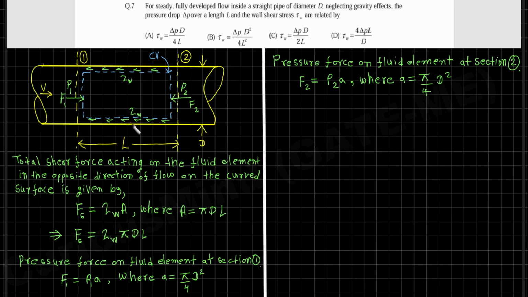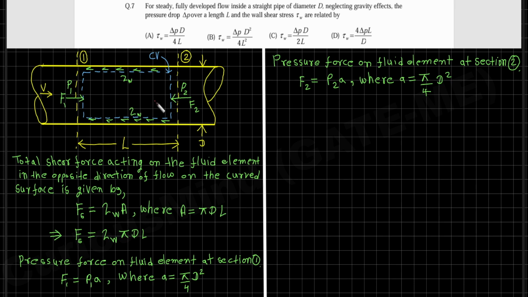So we would balance the leftward forces that act on this fluid element with the corresponding rightward forces. So now we would only balance the forces on this fluid element in the direction of the flow.